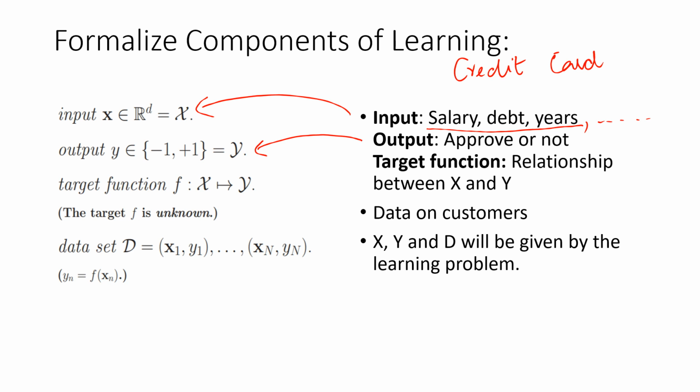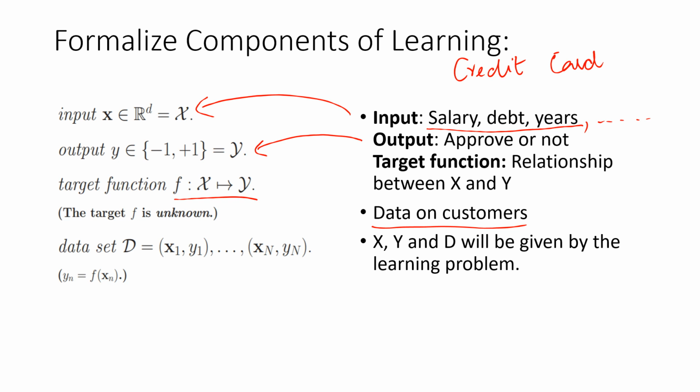We know that there is a target function that maps X to Y, and it is unknown, of course, and that's the whole point of using data in order to solve this problem. That's the whole point of utilizing data on customers and then formalizing it as a learning problem, right?